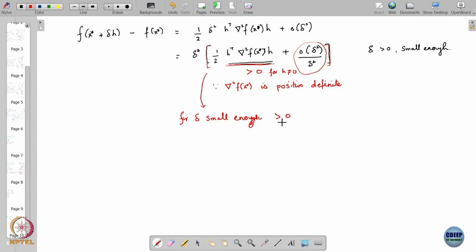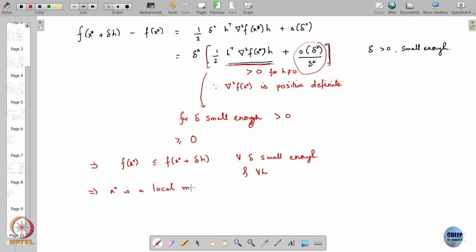As a consequence, this difference is definitely greater than or equal to 0, which implies that x star is a local minimum. So, this is guaranteeing that x star is a local minimum.